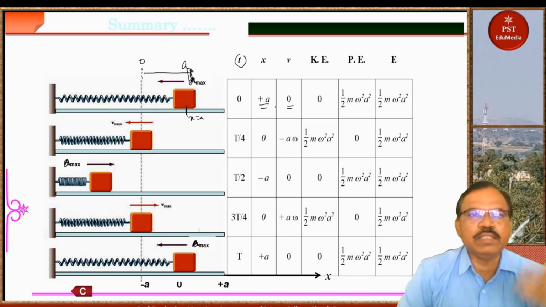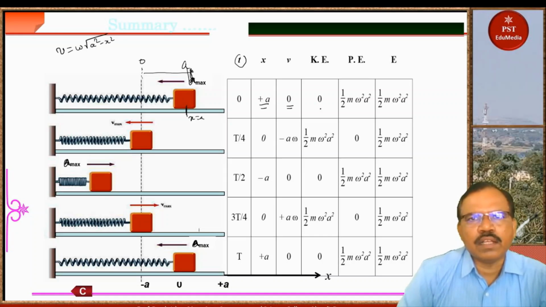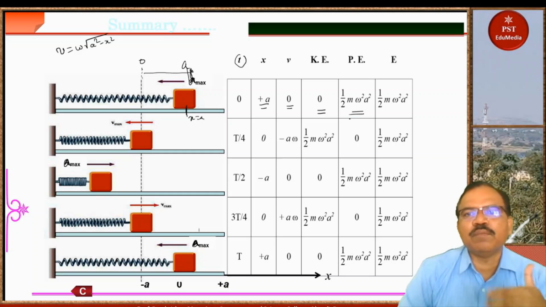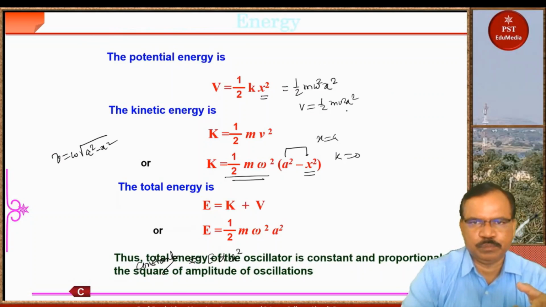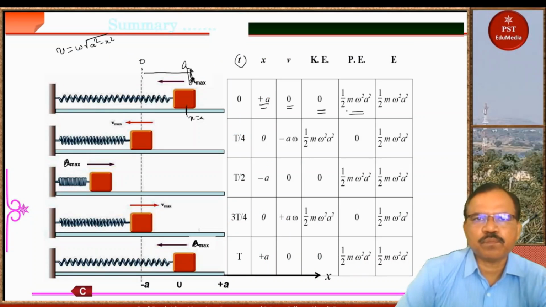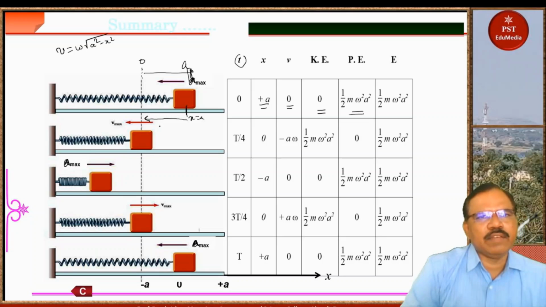Their velocity will be 0 because v is equal to omega under root a square minus x square. Kinetic energy will be 0, but potential energy will be 1/2 m omega square a square, because we have seen these equations. And when we release this, it is moving along negative x-axis.